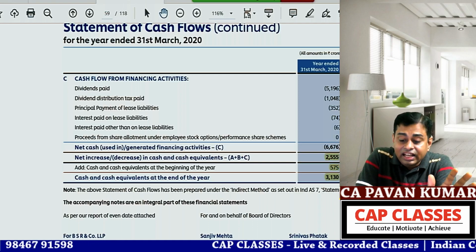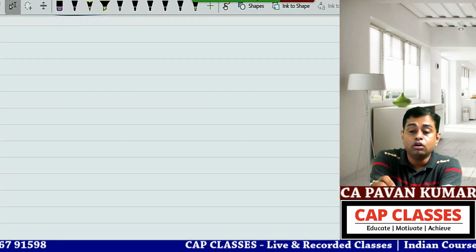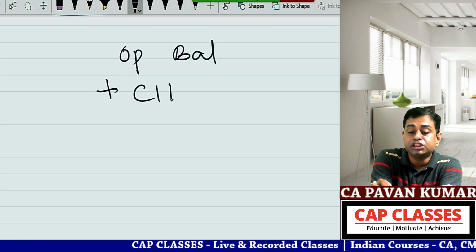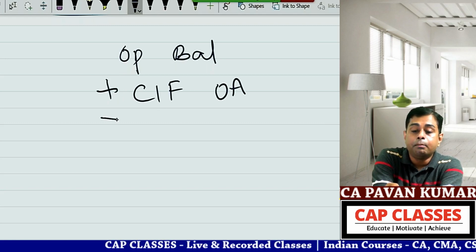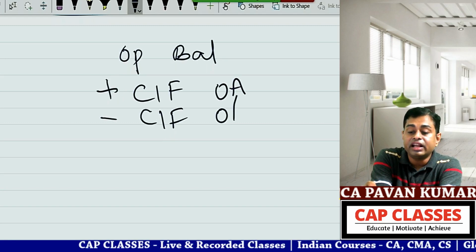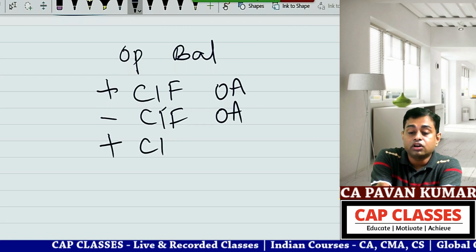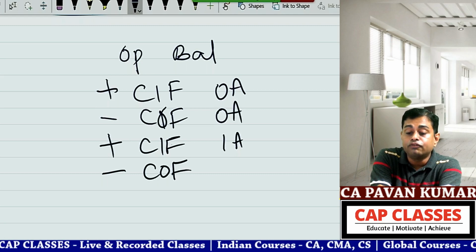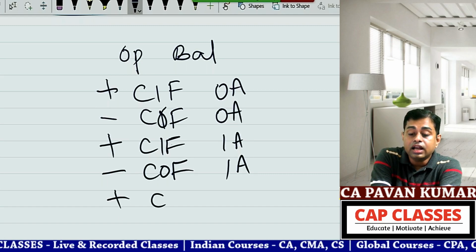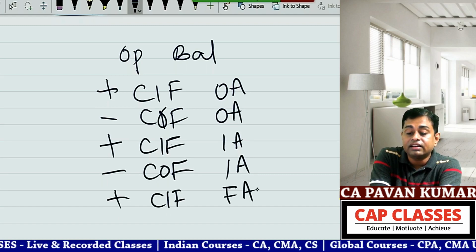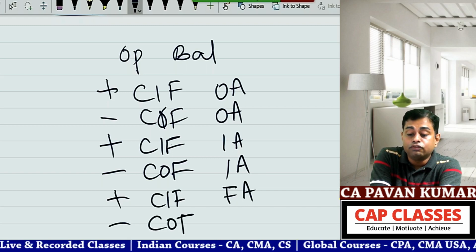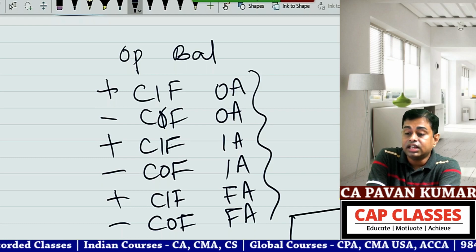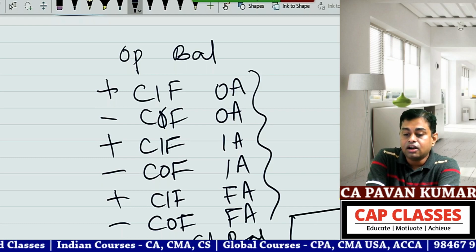So basically in the cash flow statement, what I am showing is the opening balance of cash, add cash inflow from operating activity minus cash outflow from operating activity, add cash inflow from investing activity minus cash outflow from investing activity, add cash inflow from financing activity minus cash outflow from financing activity. This is A plus B plus C. This is the closing balance of cash.